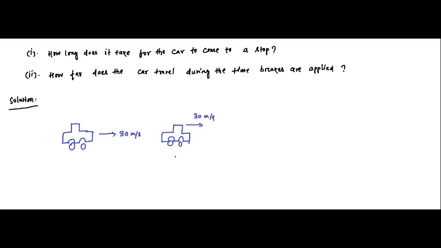At this point, brakes were applied. And because of the application of brakes, the car started decelerating, slowing down, and it finally came to rest at this point. So here rest means 0 meter per second.